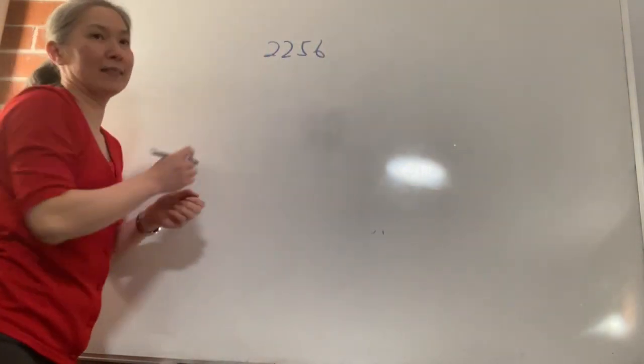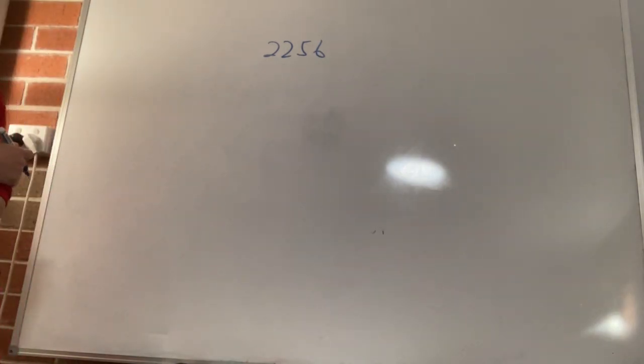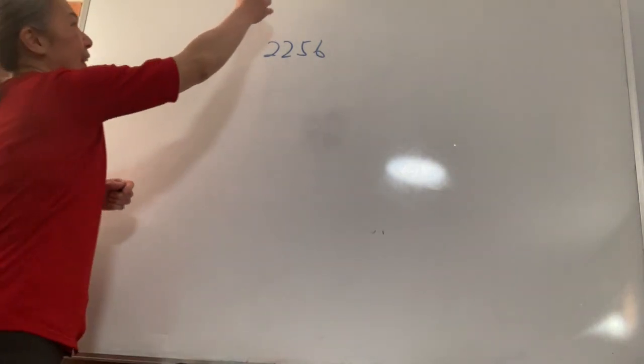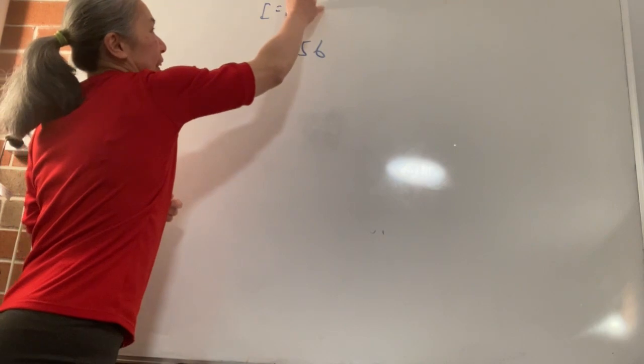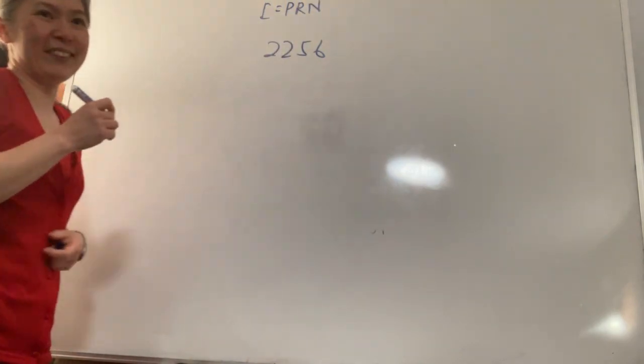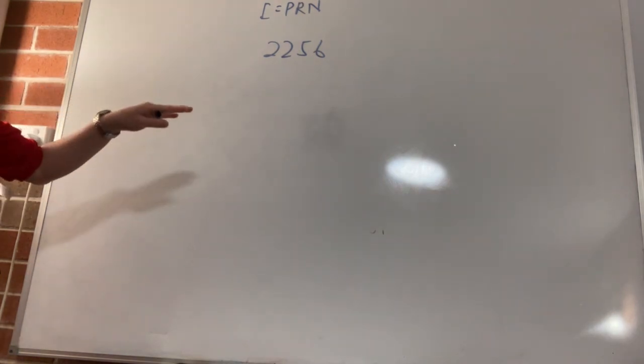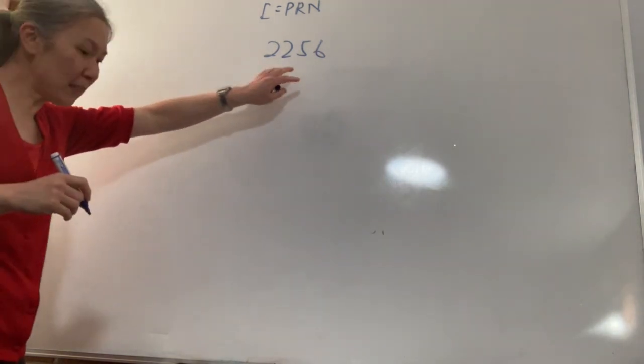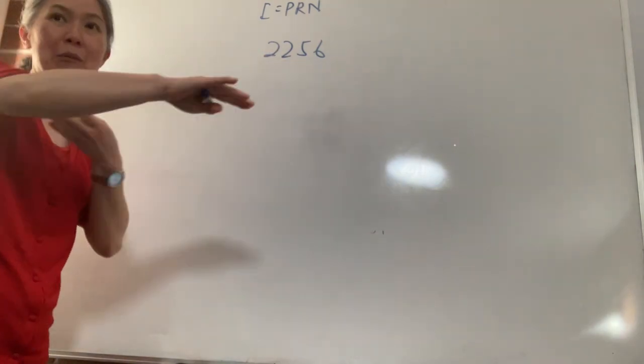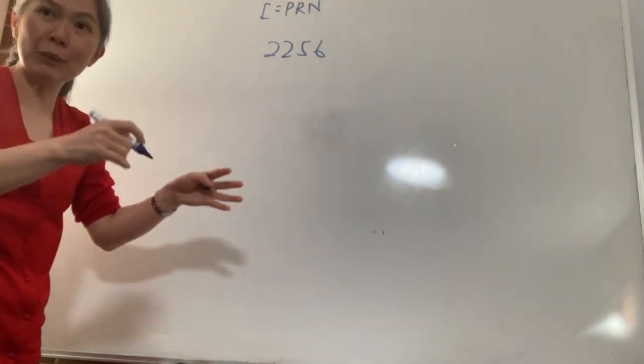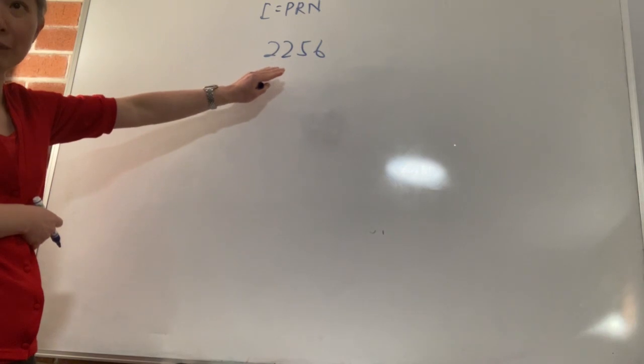What is that? What do you think this number is? I, P, R, or N? Can be either I or P only, isn't it? N is not. So is this the beginning investment, the money you put in, the money you start with? Do you think this is the money you start with?